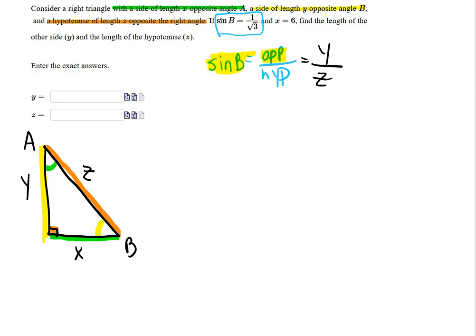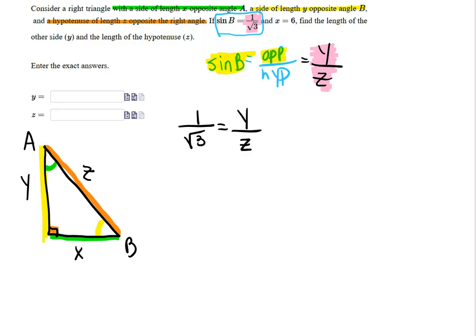So if the sine of B equals this, but the sine of B also equals this, then I can set those two things equal to each other. That's a proportion, which means the cross products are equal.